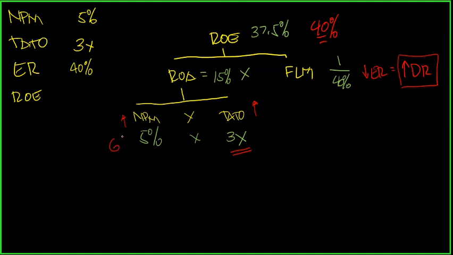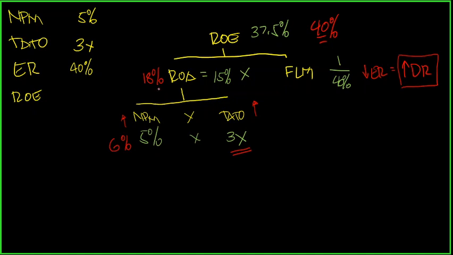So if the turnover remains at 3 times and the net profit margin increases to 6%, we expect that the return on asset can be increased to 18%.